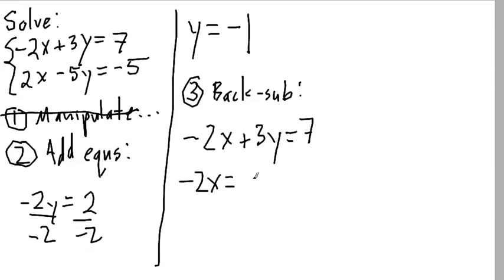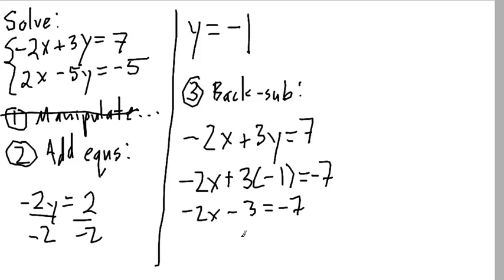So negative 2x plus 3y is 7. Since y is equal to negative 1, I get negative 2x plus 3 times negative 1 is equal to 7, and negative 2x minus 3 is equal to 7. I'll add 3 to both sides, which leaves me with negative 2x is equal to 4.